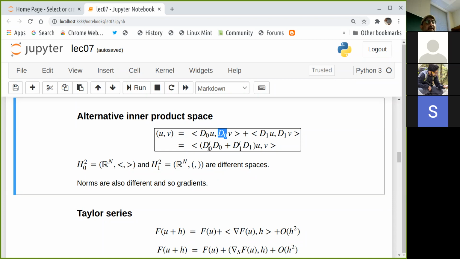So I'm writing that with a T, right? And similarly over here, I can bring this d1 over to the other side, and that's the inner product of d1 transpose d1u with v. And then I can combine the two of them, using the distributive law for inner products.